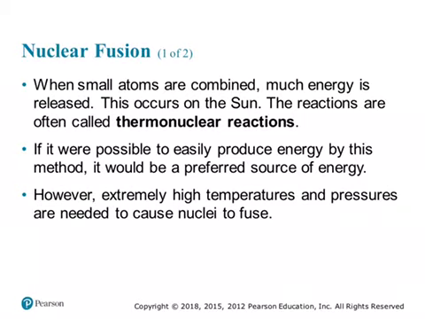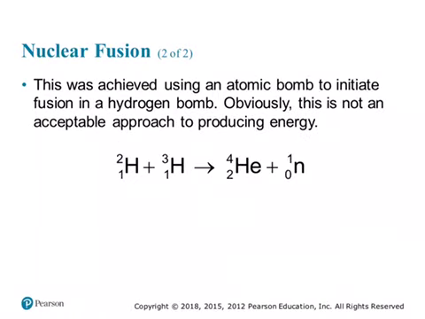However, there are problems, and that is because it takes extremely high temperatures and pressures in order to cause the nuclei to fuse. This was achieved using an atomic bomb to initiate fusion in a hydrogen bomb. But obviously we know that this isn't an acceptable method of producing energy. Here they took deuterium (2,1H) and tritium (3,1H) to produce helium and a neutron.